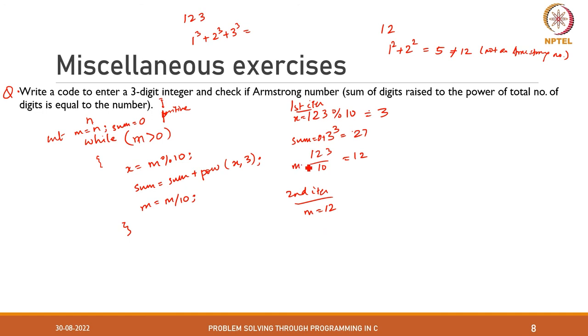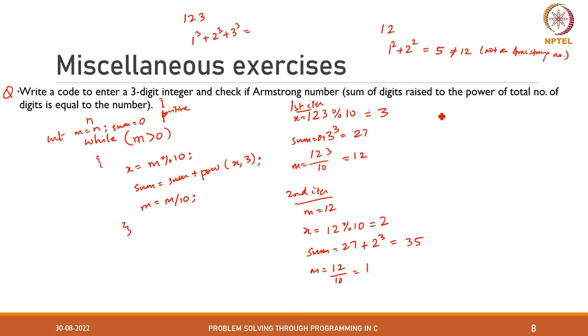So m is 12 now, and again we need to extract the last digit. 12 percentage 10 gives us the last digit, which is 2, and our sum is 27 from earlier, and we are adding 2 to the power 3, because cubic sum, right? So it will be added with 8, that makes it 35, and then 12 by 10 is basically 1.2, but m being an integer, it will store 1.